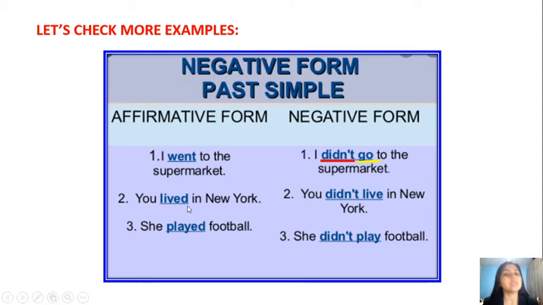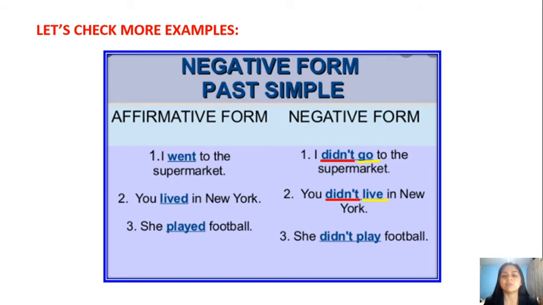Let's continue with number two. You lived in New York. And in negative we say you didn't live in New York. Remember that it is the same structure: we use didn't, and also the verb in present.